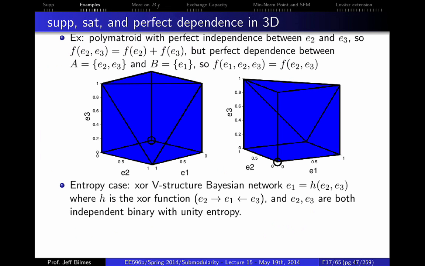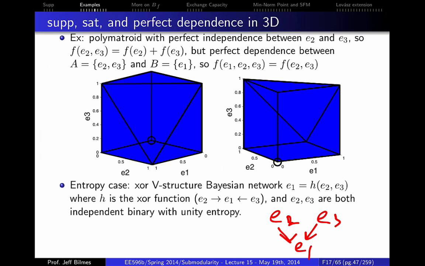Now, how does this come about, and what does this have to do with Bayesian networks? Let's take a Bayesian network with a V structure. Let's say we've got E2 and E3 and E1, and think of these as random variables.